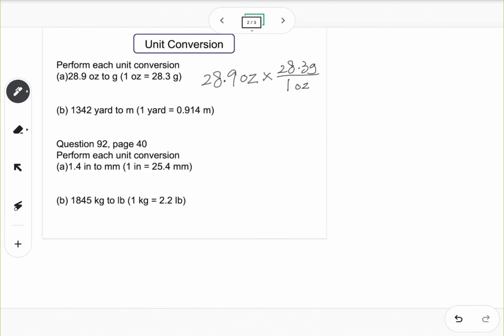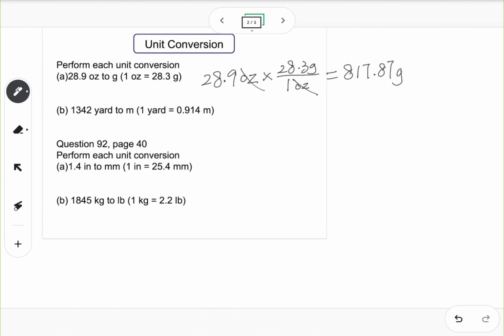When you have ounce at the bottom, then you can cancel it. Now, if you do the calculation, it will give you the answer as 817.87 gram. The unit you want to keep, or the desired or target unit, should be on top.